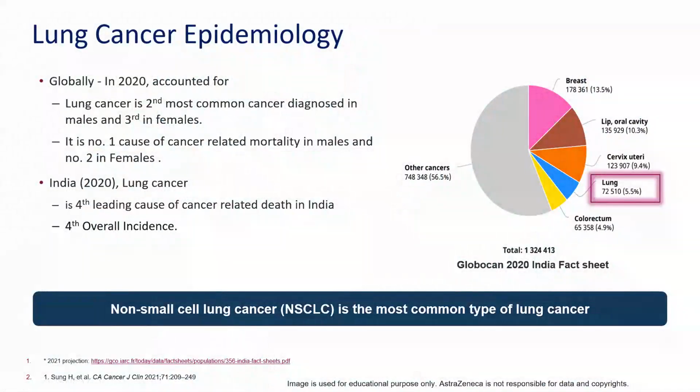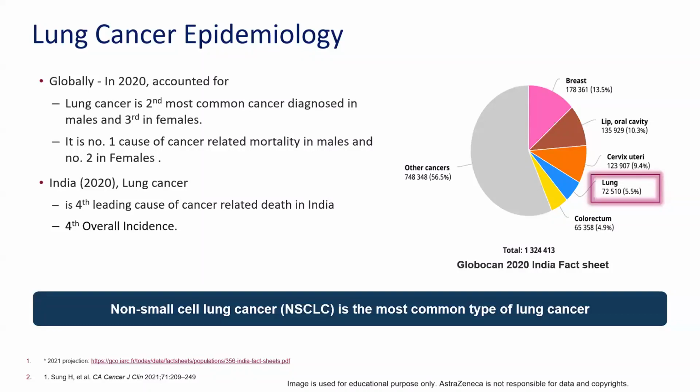So what is the epidemiology? As my previous speaker mentioned, NSCLC is the most common type of lung cancer, and lung cancer, as we all know, constitutes almost 5.5% as per the Globocan 2020 data. In India, it is the fourth leading cause of cancer-related death and the fourth in overall incidence.